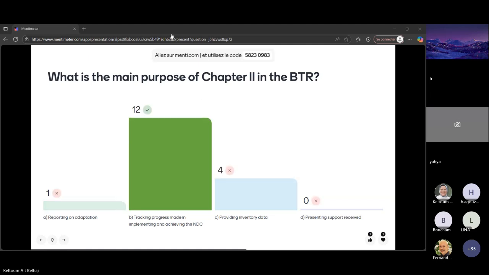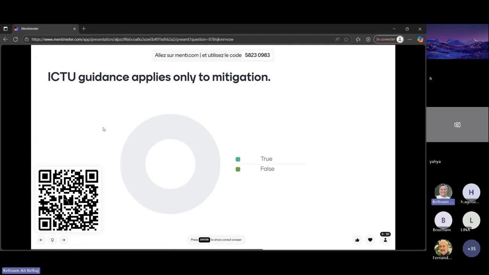Okay, the answer is B, tracking progress made in implementing and achieving the NDC. Chapter 1 is about the GHG inventory, 2 tracking the progress, then 3 adaptation, and 4 and 5 about the support.